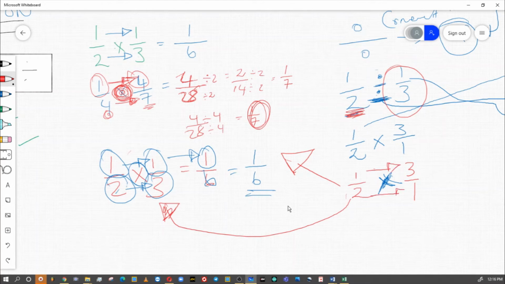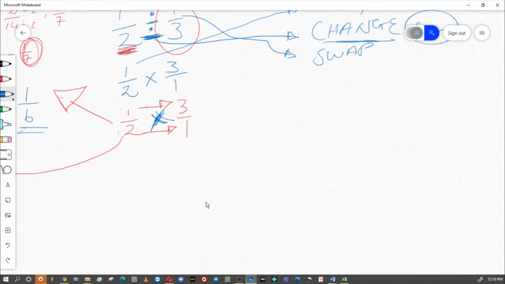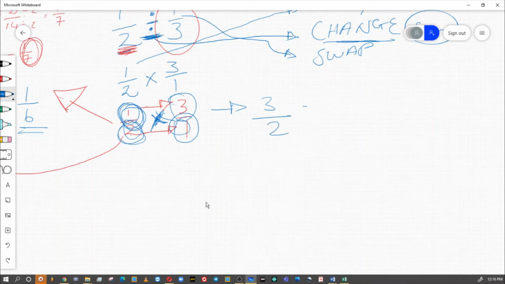The way we get that is 1 times 3 equals 3, and 2 times 1 equals 2. And 3 divided by 2 is 1, remainder 1 over 2. So that is the answer.